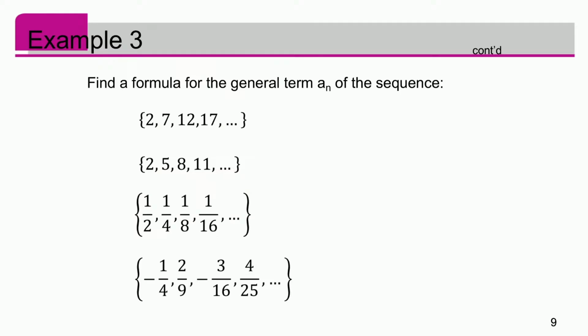So you're going to look at what the pattern is, and then based on the pattern, can you come up with a formula? And I don't care if you start with n equals 0 or n equals 1. Honestly, it's going to be easier if you start with n equals 0 for these two, and if you start with n equals 1 for this one. I don't know about that one.